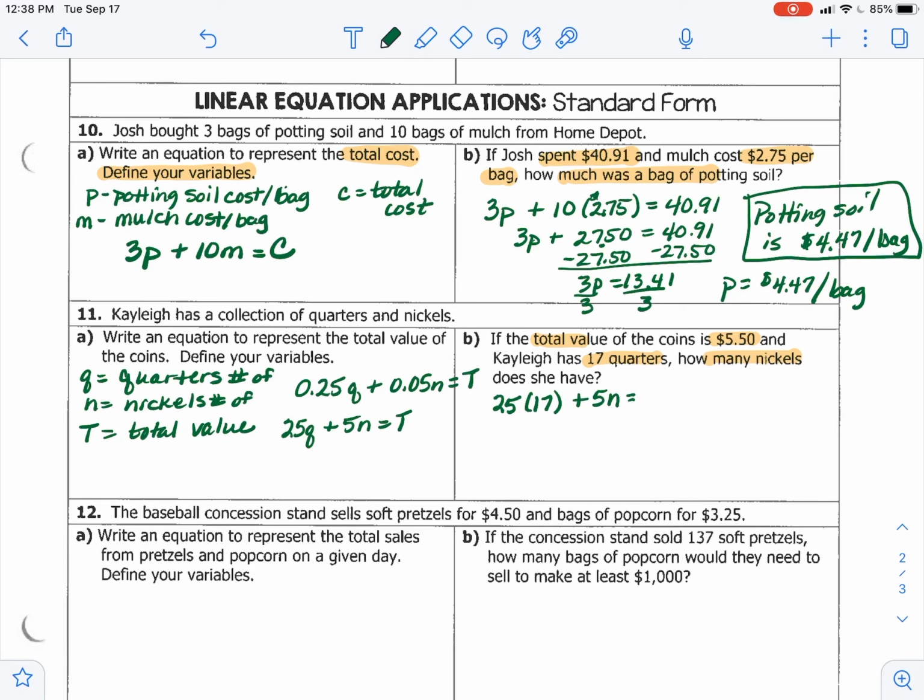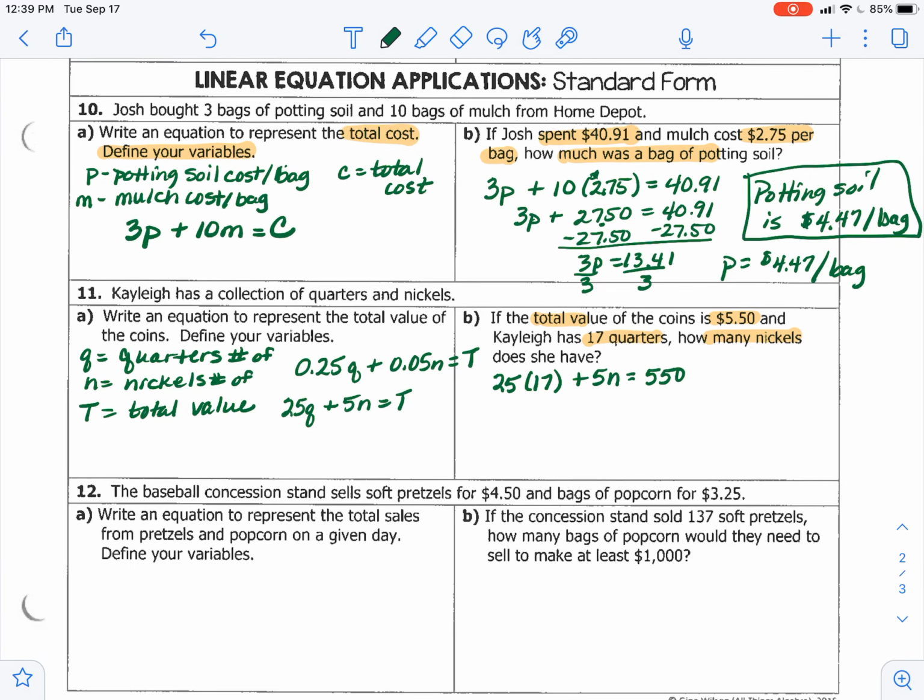Equals the 550, and again, since I took my decimals out, I'm going to write it as 550. So you've just got to be sure you remember that if you take your decimals out. So either way works for me. I don't care. It's whatever you feel more comfortable with.